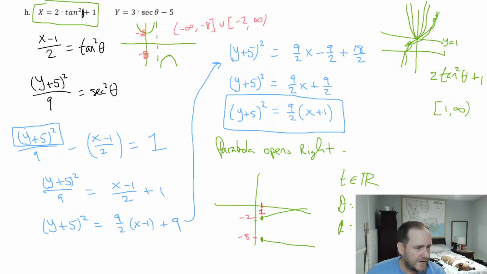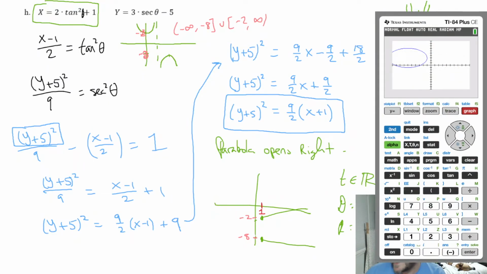So it wouldn't be a bad idea to just look at it on our calculator. Make sure that you guys can handle it. So if you were handed this, you'd go to y equals, clear. Type in the functions: 2 times tan squared plus 1. Okay, how do you square a tangent?